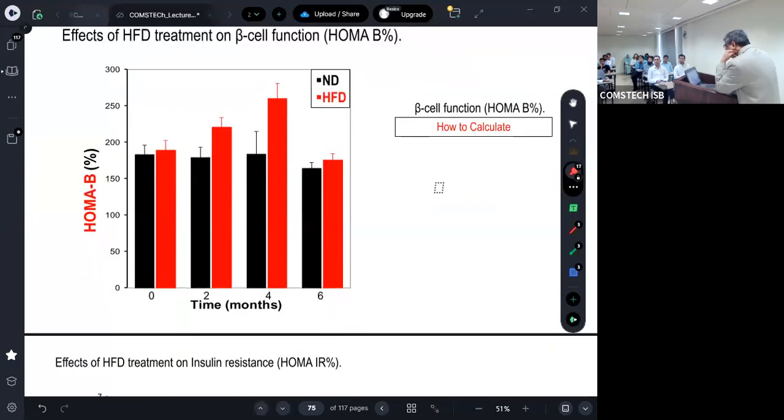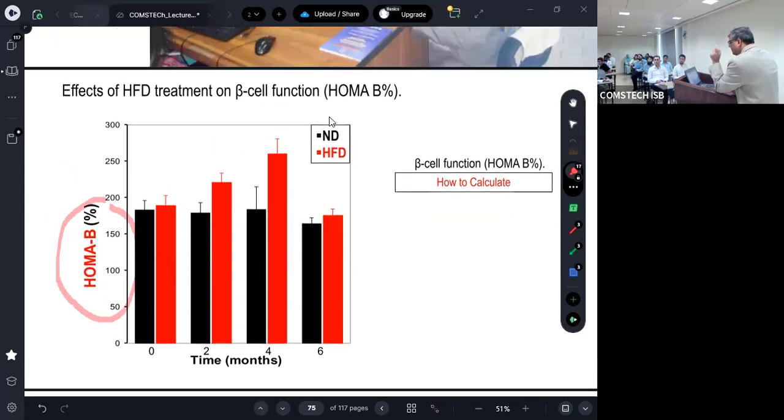Okay. So as I told you, insulin to glucose ratio, and sometimes we calculate with software or a mathematical formula. If you put in the formula, we call it the HOMA calculator, fasting blood glucose and fasting insulin, it calculates what we call beta cell function. Sometimes it is called HOMA-B. There are many things in the mathematical model.